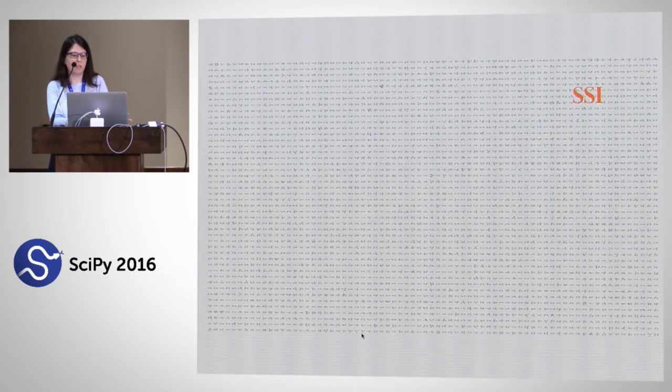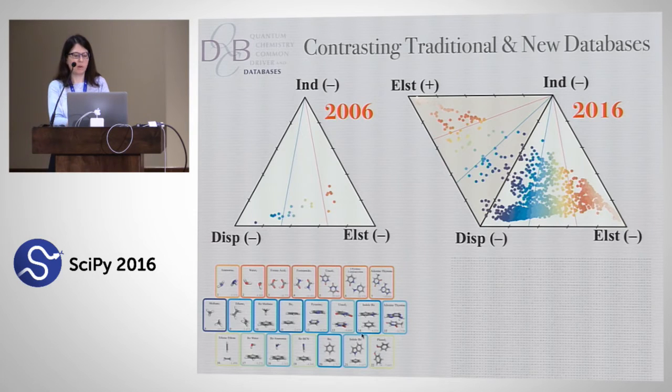So this is a database of all of the structurally unique amino acid contacts in the protein databank. There are over 3,000 of these systems. And the QCDB database tools enable us to cover a far greater span of the chemical space within this subfield of reactions.